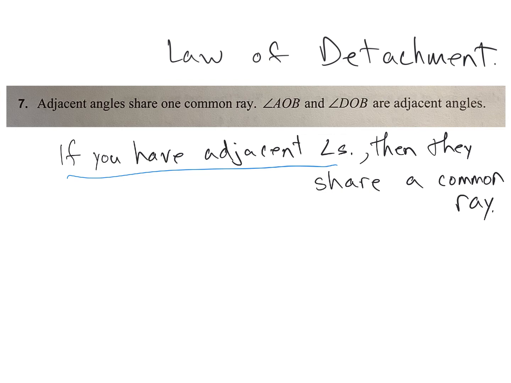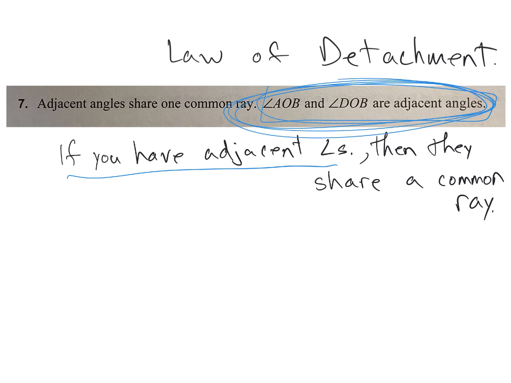And then you have to look at what they gave you. All right, so since they gave you those angles, you should understand whether or not those are adjacent. They say they're adjacent. What they tell you, you're supposed to assume is true. But even if you drew that, okay, you have AOB, A, O, and B. And then you have DOB. Okay, so B is already on there, so B to O to D. Okay, it doesn't have to be a straight line.